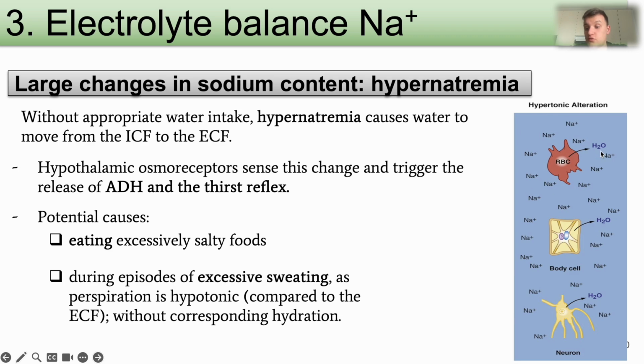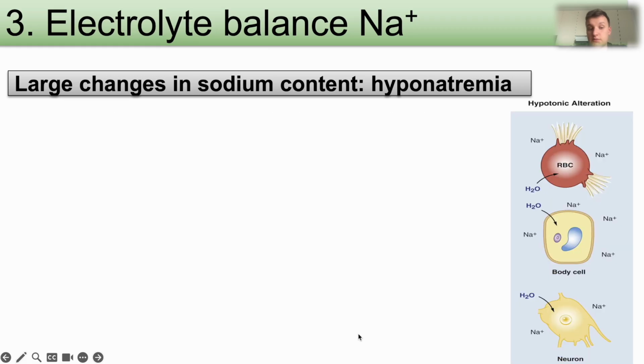Water will want to move out. Here are the body cells, water wants to move out, and the neuron, water wants to move out. Another cause is episodes of excessive sweating, as perspiration is hypotonic compared to the ECF, without corresponding hydration.